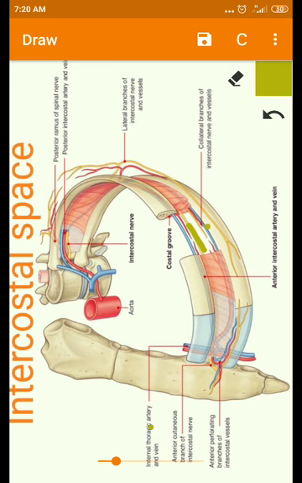We have 4 boundaries: superior, inferior, anterior and posterior. The contents present in the intercostal spaces are muscles, vessels, and nerves. This is about the intercostal space and its boundaries. In the next video, we are going to see the intercostal muscles. Thank you.